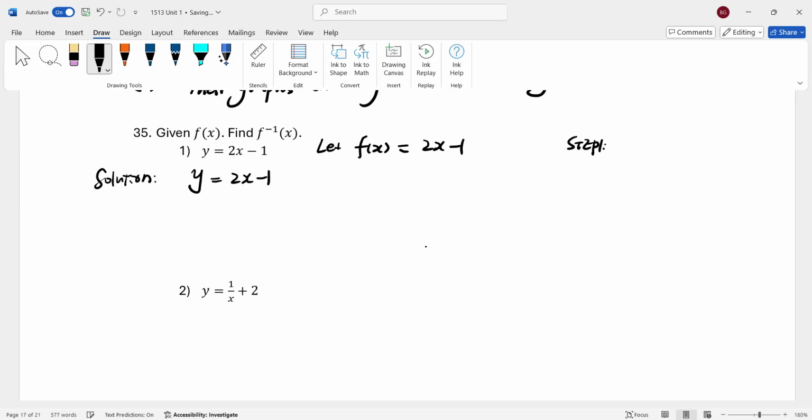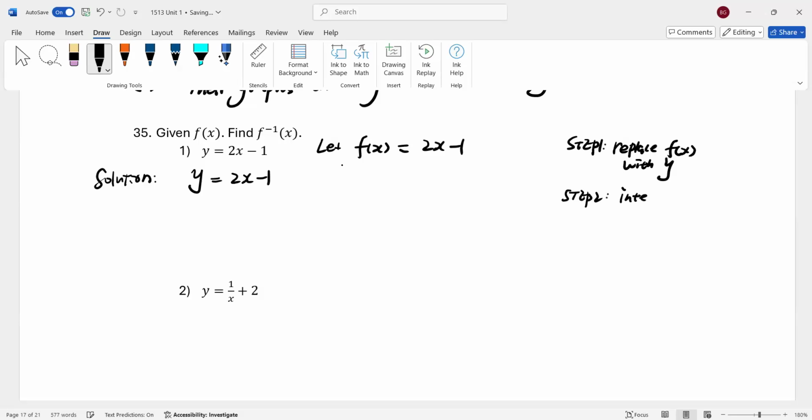Step 1, replace f of x with y. And in this case, we don't have to do that. But in general, if the function is given in the notation f of x, then you replace f of x with y first. That's the first step.